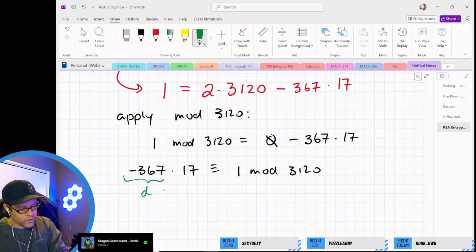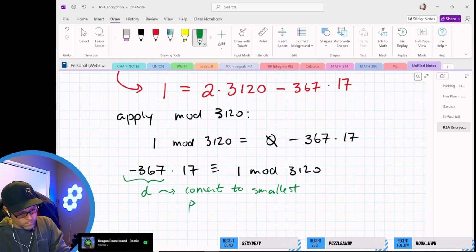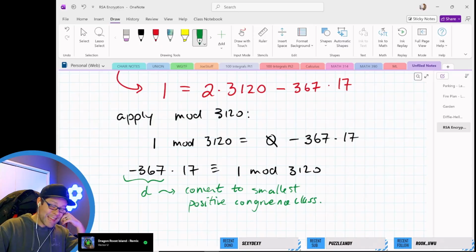Now let's turn it into the smallest positive congruence class. We should be able to do this relatively straightforwardly by just adding 3,120 to it.